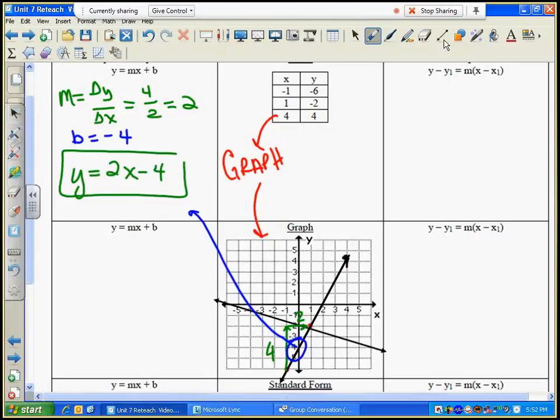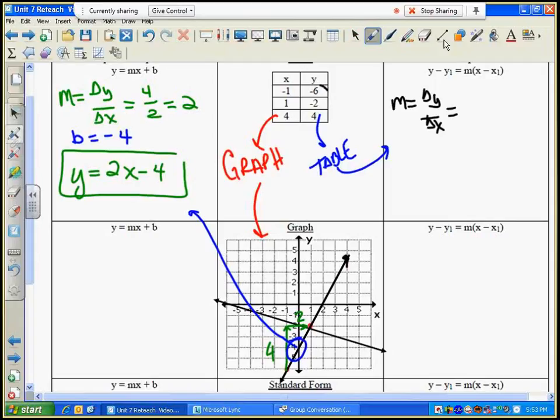Okay? Let's say we decided, though, that we didn't want to go for the graph. Let's say that we wanted to use the table to find our slope. Okay? So let's say we choose the table. Well, to use the table, we're still looking for the change in y over change in x.